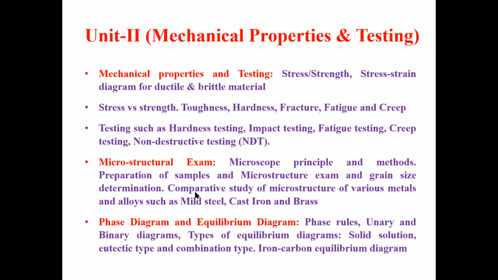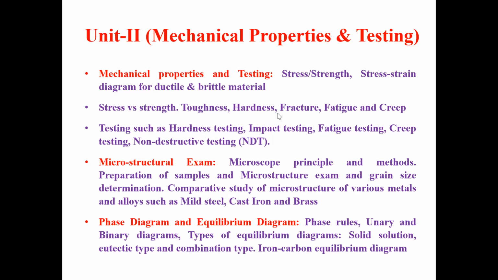And there will be a comparative study of microstructure of various metals and alloys such as mild steel, cast iron, and brass. Okay. Then later on in the last of this unit, we will go to understand a little bit about the phase diagram and equilibrium diagram.